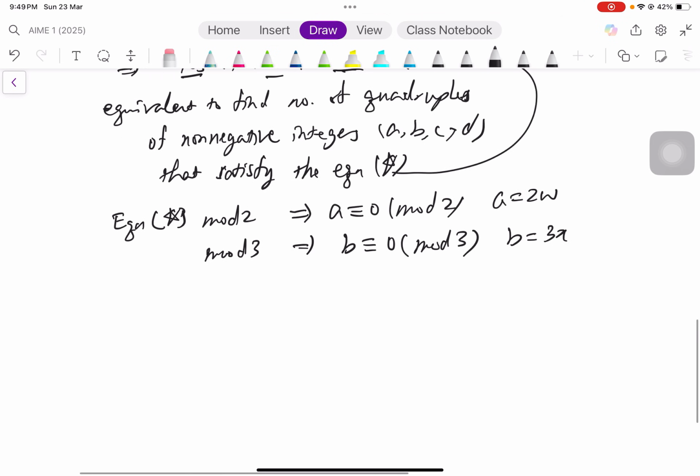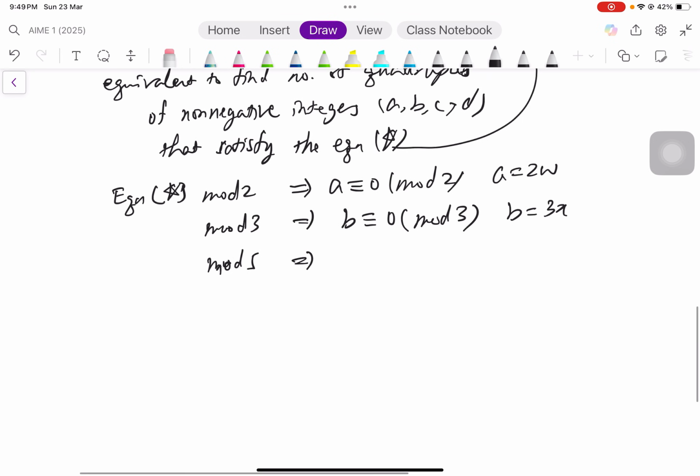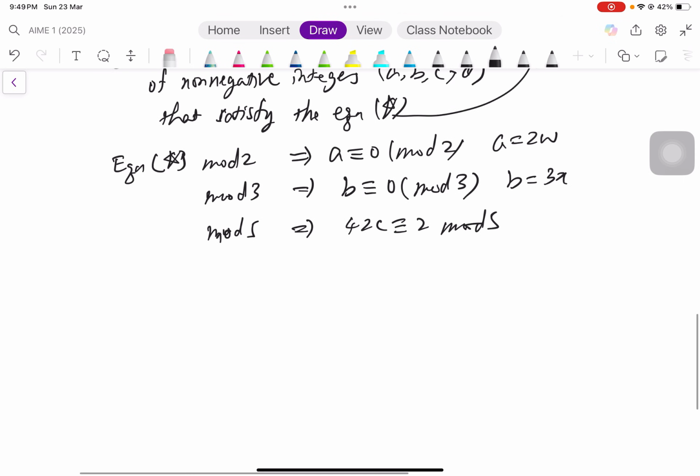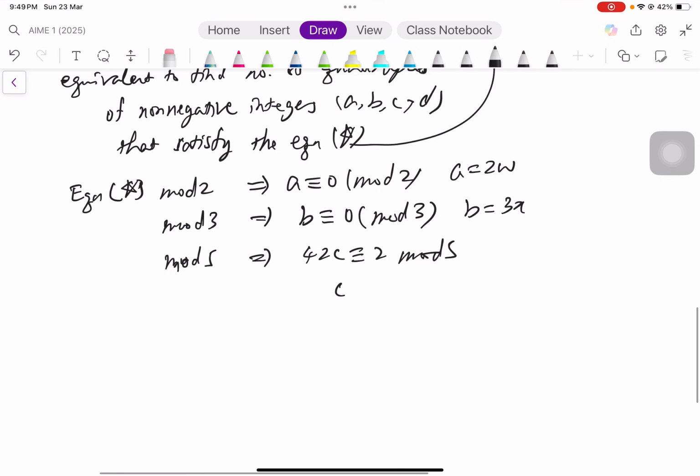Okay, then you can look at mod 5. Therefore, this implies 42c must be congruent to 2 mod 5, and then in this case your c is 1 mod 5. Therefore your c is actually 5y plus 1.